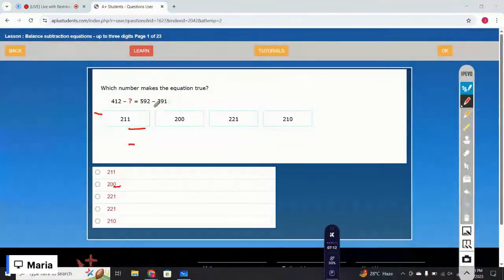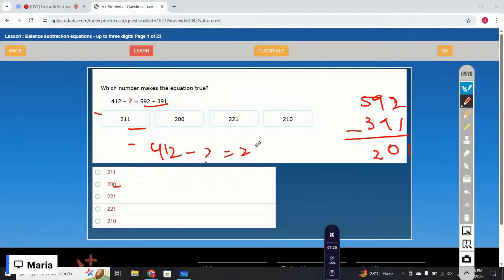Just do 592 minus 391. 2 minus 1 is 1, 9 minus 9 is 0, 5 minus 3 is 2, so 201. So we have 410 minus given number equals 201.